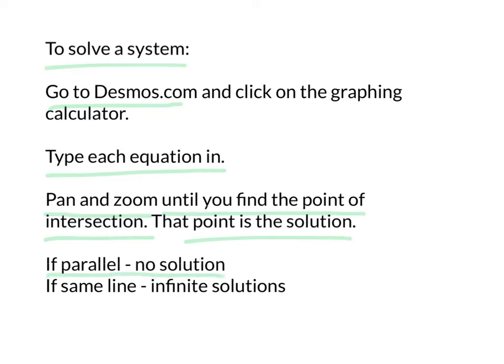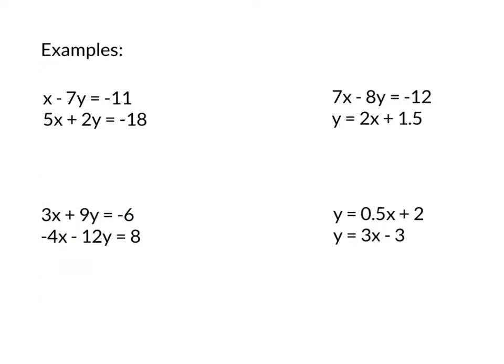Remember, if your lines are parallel, there's no solution. If your lines are the same, it's infinite solutions. So jot down those steps, and then we're going to go to the next slide, and I'll show you how they work. If you're not done writing them, pause the video, finish writing them, unpause, and move on.